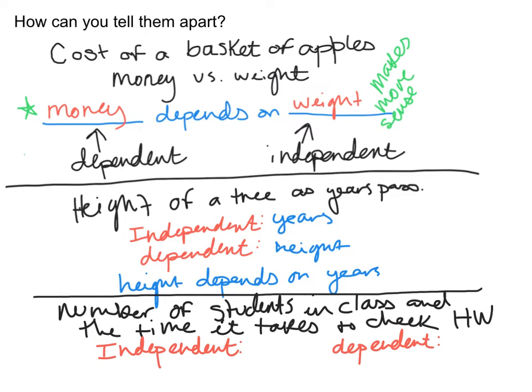So that would mean that the time depends on the students. So my dependent variable would be time, because time is going to change based on how many students are in the class. And independent would be number of students.